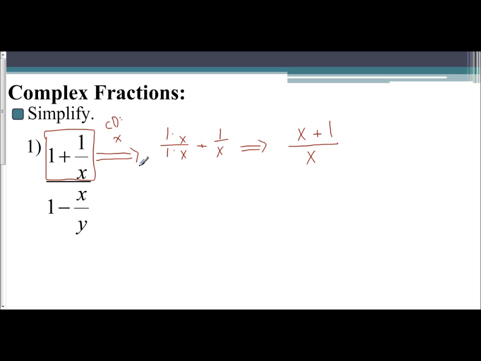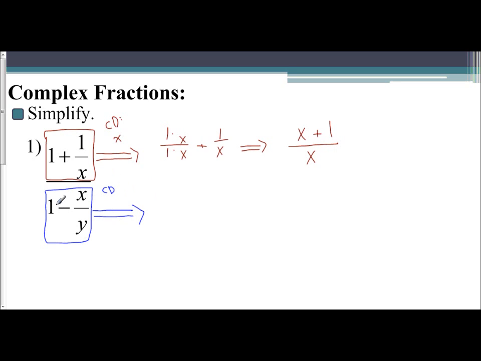If we simplify the top all by itself, it's nothing different than what we've done in the previous examples. Next, I'm going to simplify the bottom the same way. I'm just going to focus down here and make this one look nicer. Again, I have to find my common denominator.